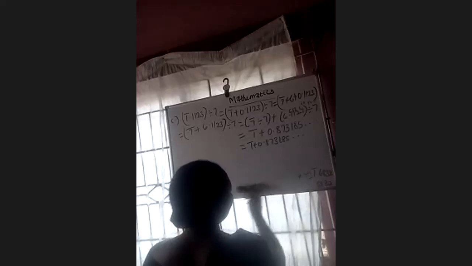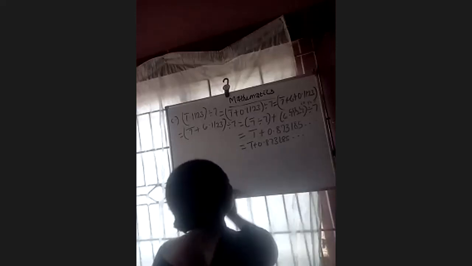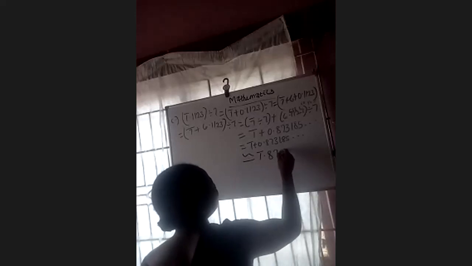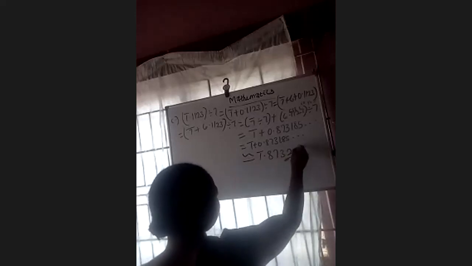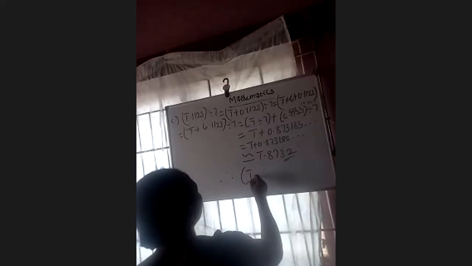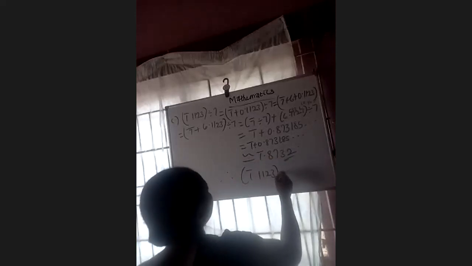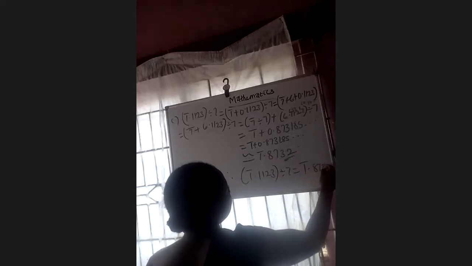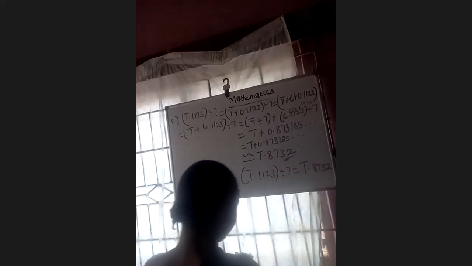So approximately our answer is bar 1.8732. So therefore, bar 1.1123 divided by 7 is equal to bar 1.8732. That is my answer.